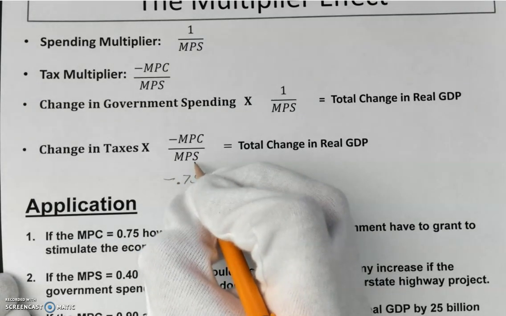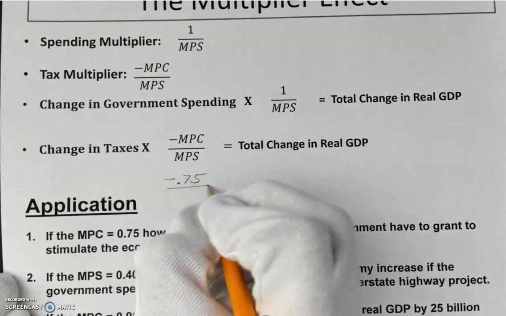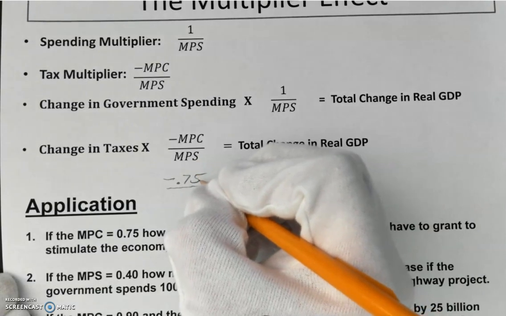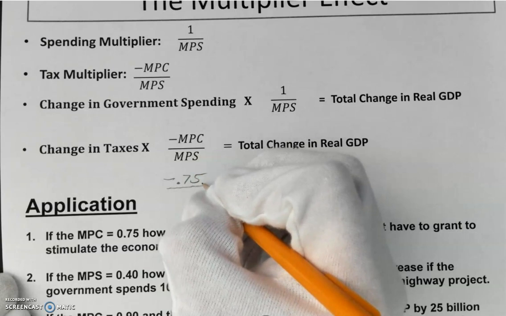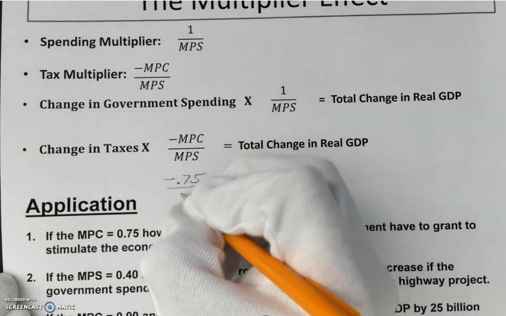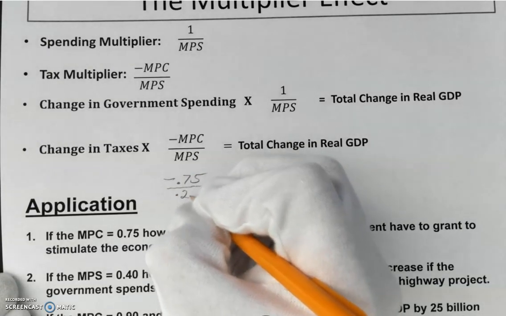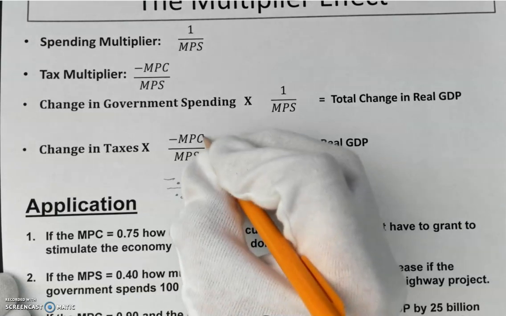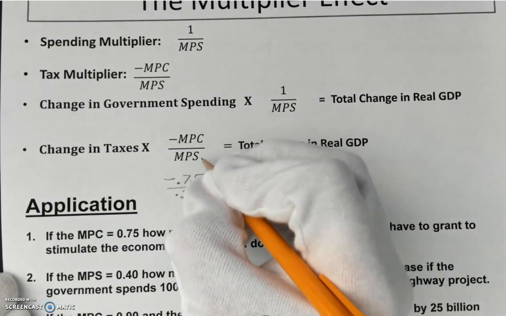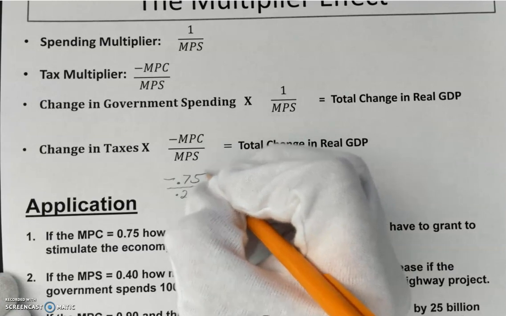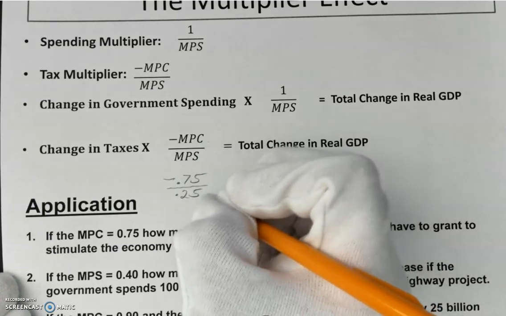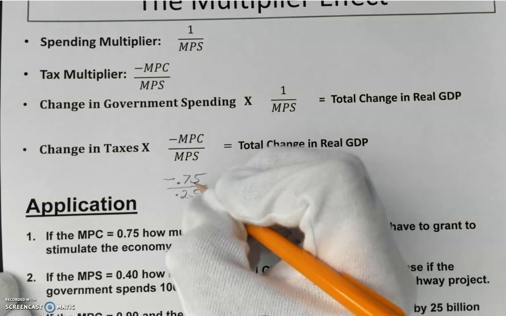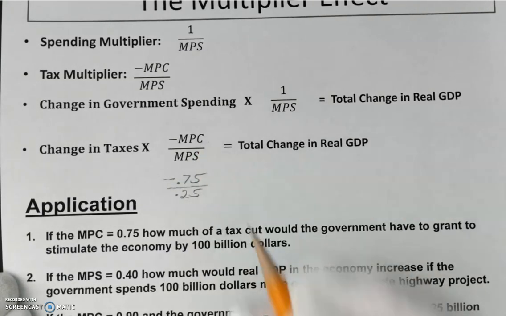And our marginal propensity to save can easily be derived by just taking the number 1 and subtracting 0.75 from it. So that's 0.25. Remember, the MPC and MPS must sum to 1. So if you have a 0.75 MPC, you must have a 0.25 MPS. Okay. So that gives us our tax multiplier.